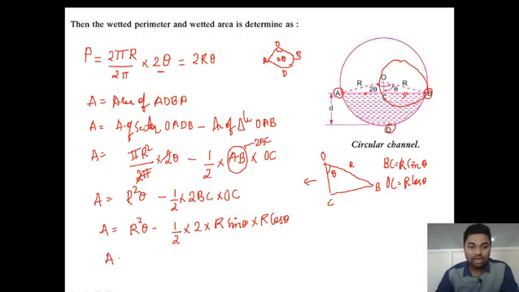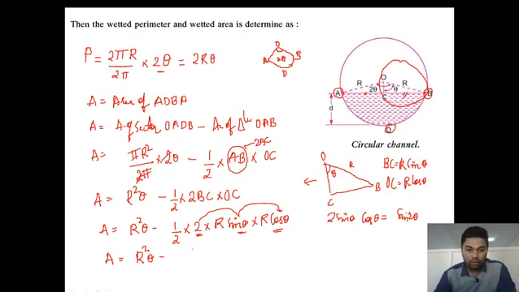So the area becomes r square theta minus, see this 2 sin theta cos theta becomes sin 2 theta. 2 sin theta cos theta is nothing but sin 2 theta.